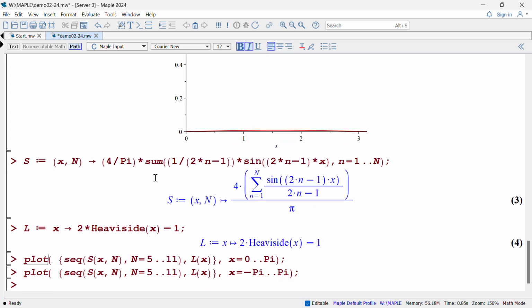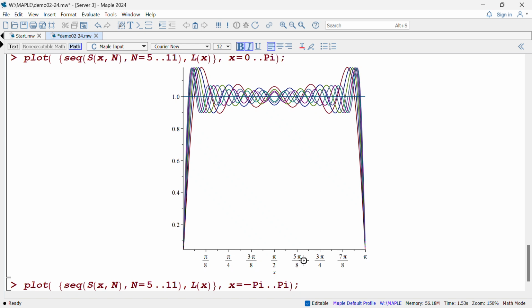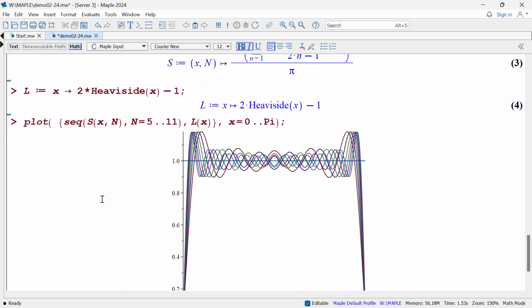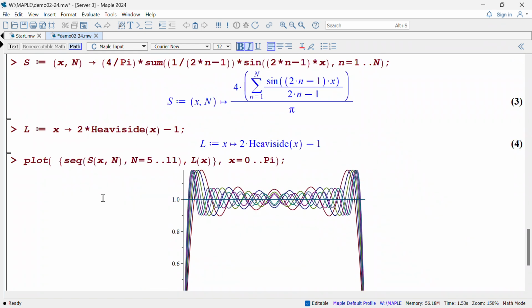Okay, now I'm going to make a sequence out of those Fourier series. So they would be the nth partial sums as n goes from, how about 5 to 11? Did I plot it? Oh, I did. Yeah, I defined it above. So I plotted a sequence of those things.